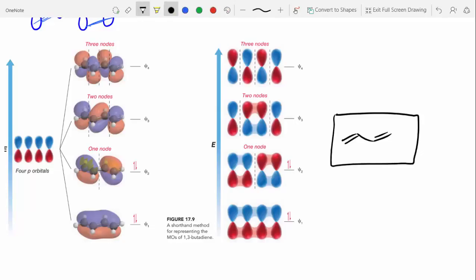This molecular orbital is called the highest occupied. Does occupied have two Ps or one? I'm having a brain freeze. One.